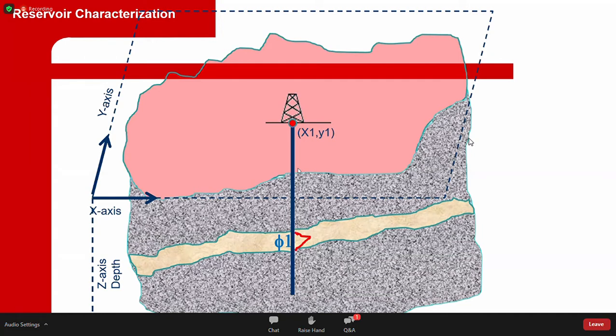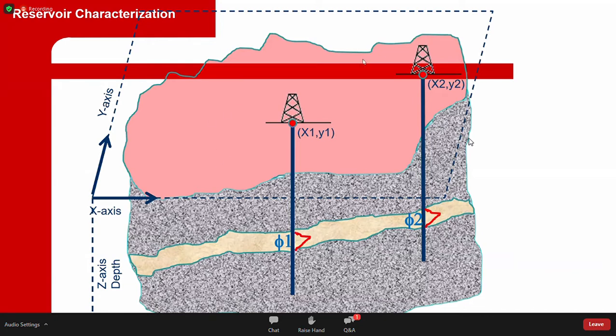Then we decided to drill a second one. The second well would be in a certain location, X2 and Y2. So the second well is in a different location, penetrated my reservoir, and I also measured the porosity in the section that the second well intersected in my reservoir. It gave me an average of Phi2. So the average porosity in the first well is Phi1, and the average porosity in the second well is Phi2.